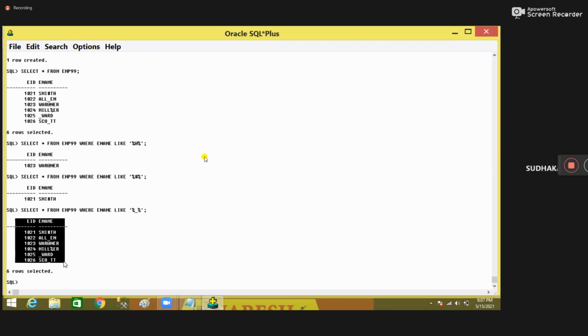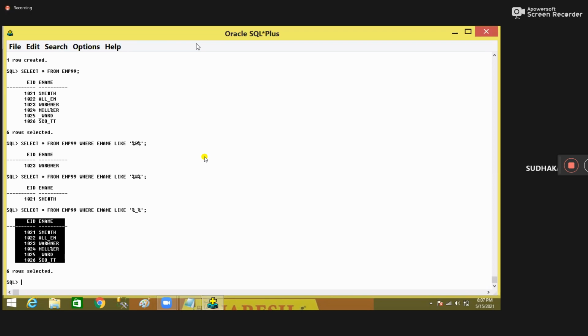All people data displayed. But here my point is, which employee name is having underscore? Those people names only I want here. But here the complete table data is showing us. That means when I'm using percentile underscore percentile, it is showing wrong data.